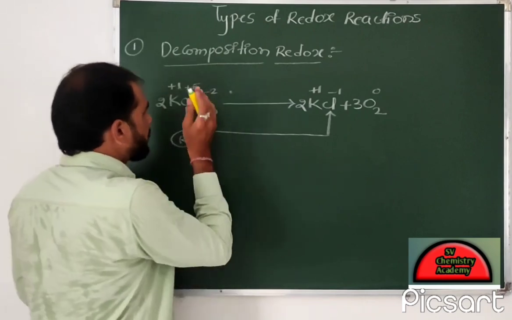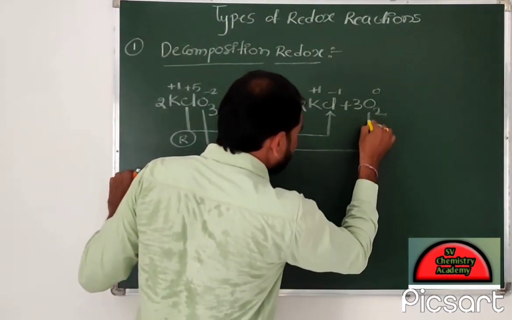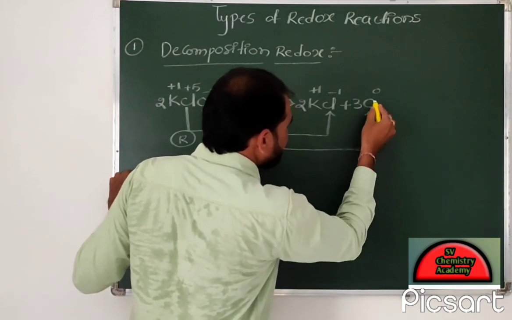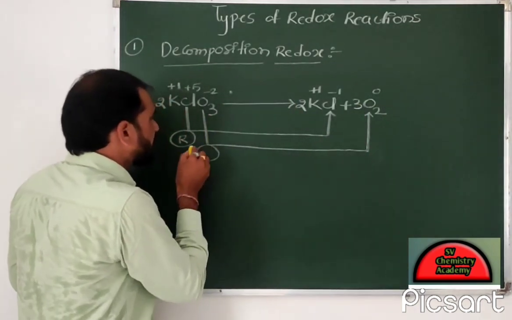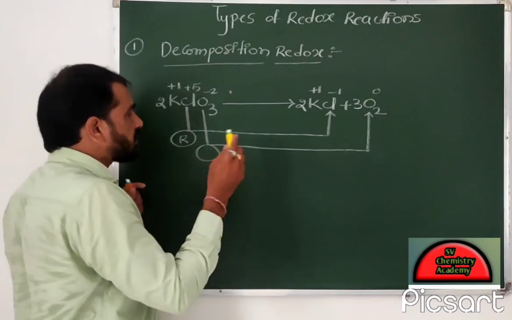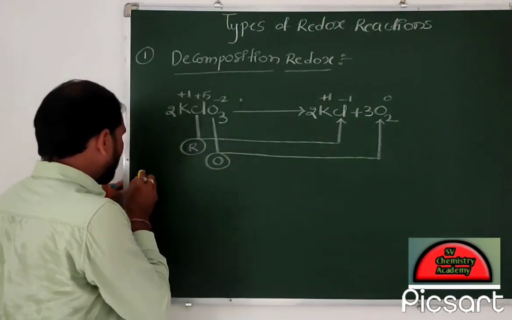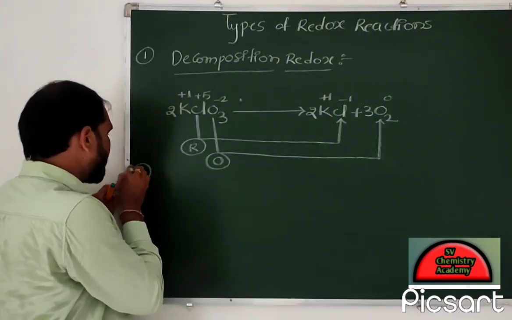Oxygen is -2 on the left and 0 on the right, which means loss of electrons. Loss of electrons is called oxidation.